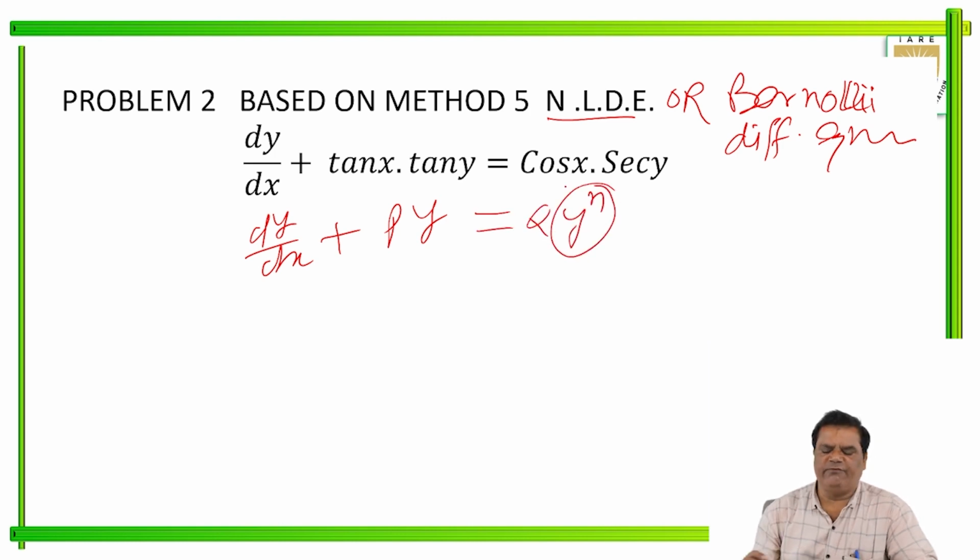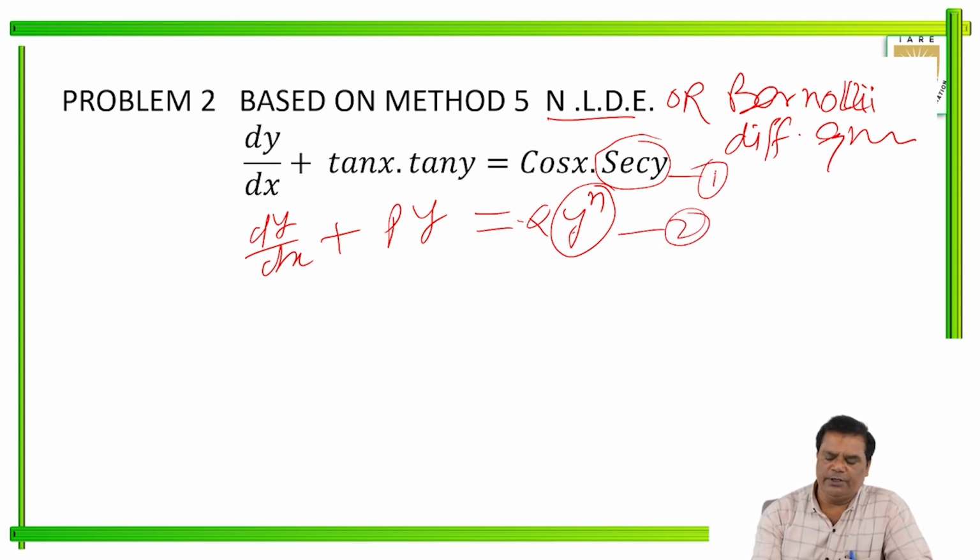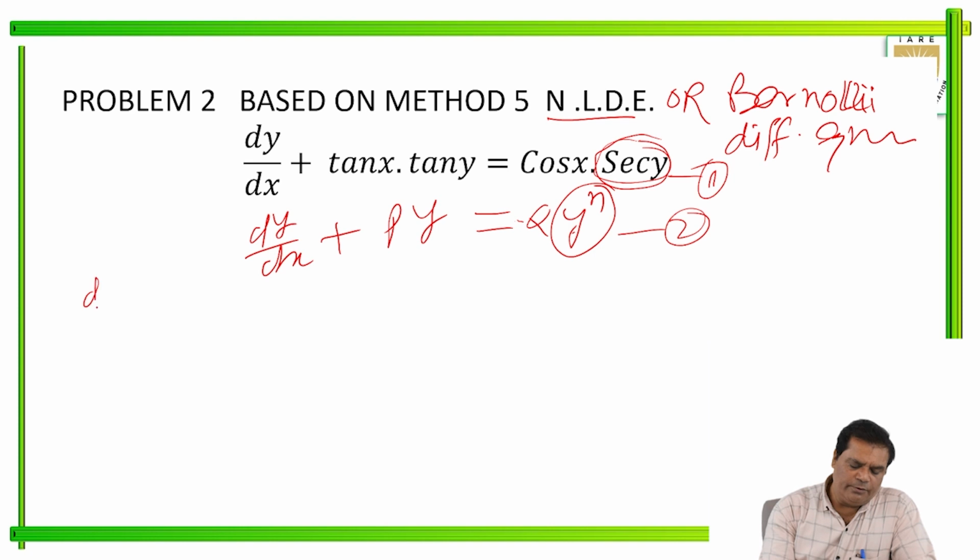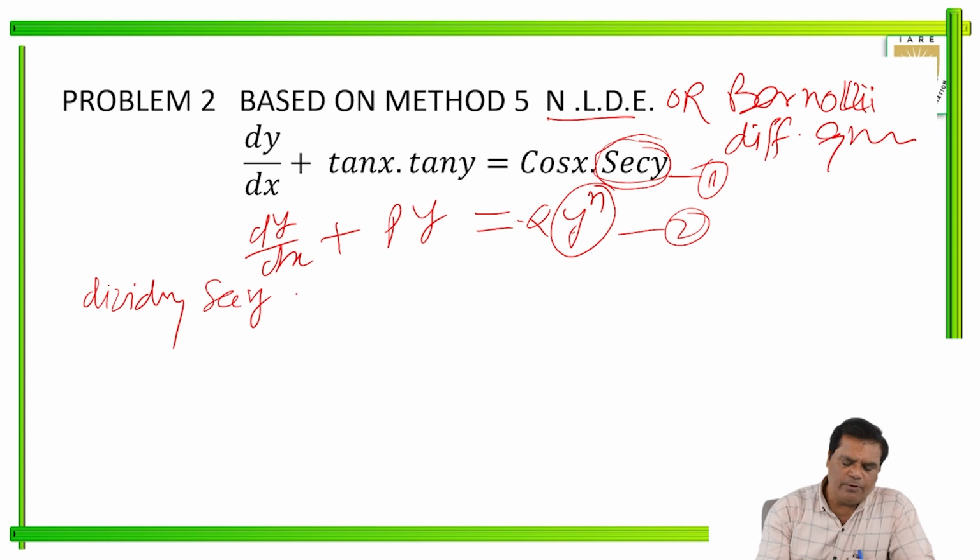With q on the right hand side there is some function of y. In our question, in equation 1, there is sec y, a function of y. We want to remove this from this step, so dividing by sec y on both sides in 1.